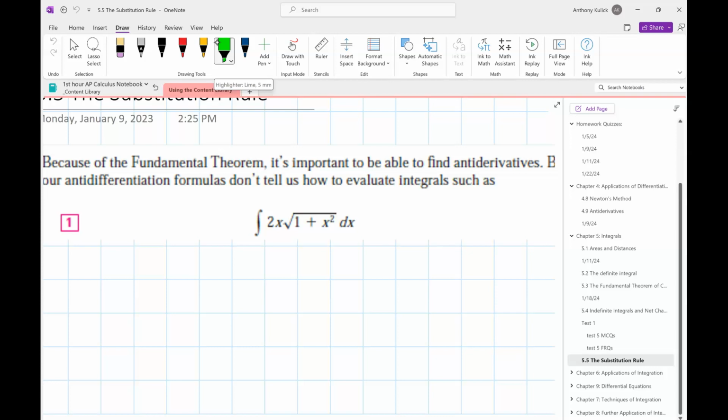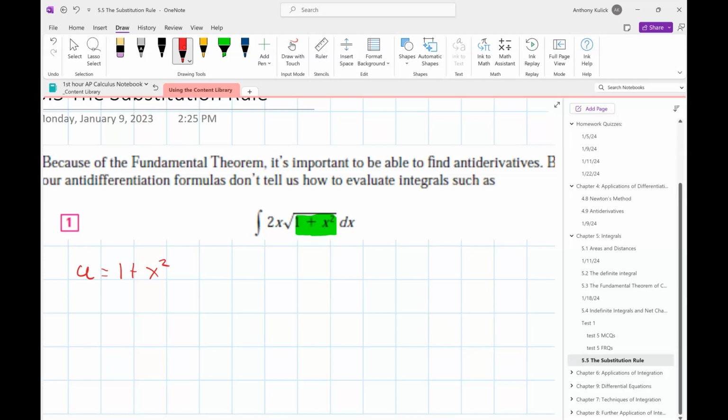It's not going to be the square root of 1 plus x squared, just the 1 plus x squared. We always want to pick the u to be our inner function. Think about it like a chain rule problem. You want the inner function to be your u, right?